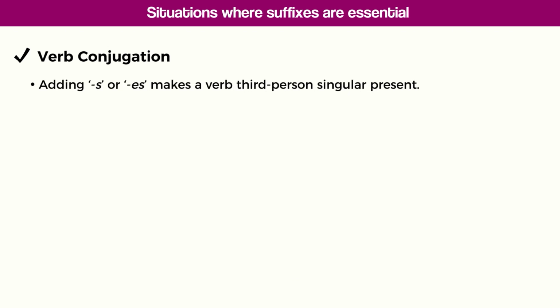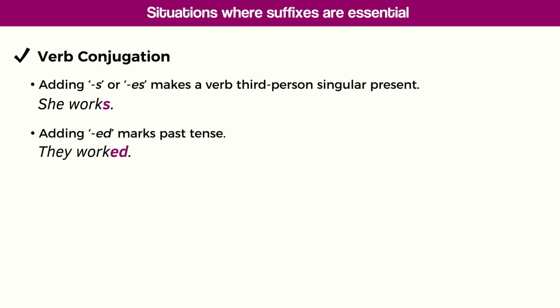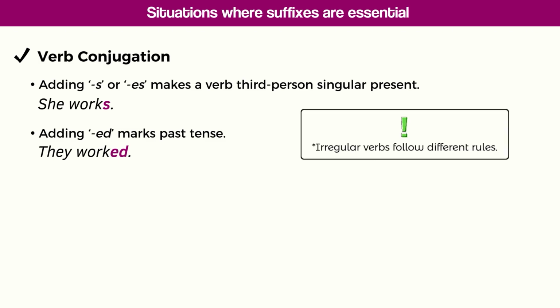Adding s or es makes a verb third-person singular present. For example, she works. Adding ed marks past tense. For example, they worked. Please note, irregular verbs follow different rules.